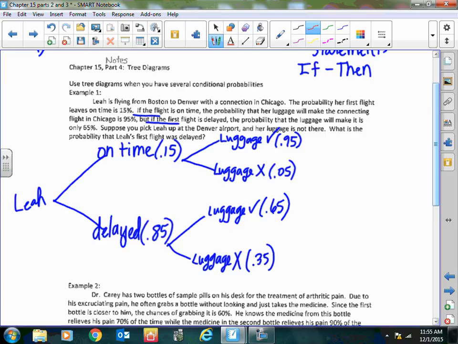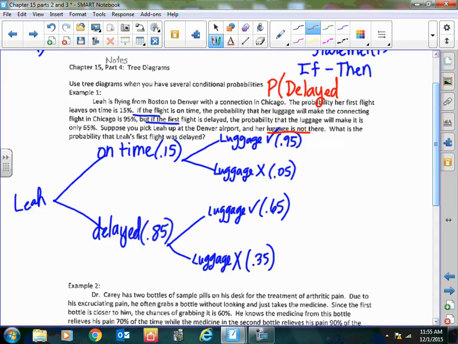Okay. Now, here comes the question. Suppose you pick Leah up at the Denver airport and her luggage is not there. What's the probability that Leah's first flight was delayed? So the question is, what's the probability that her first flight is delayed? However, I was given some information. What information was I first given?